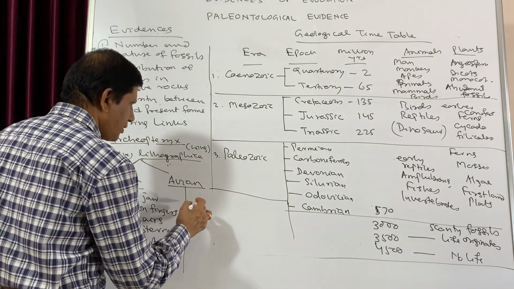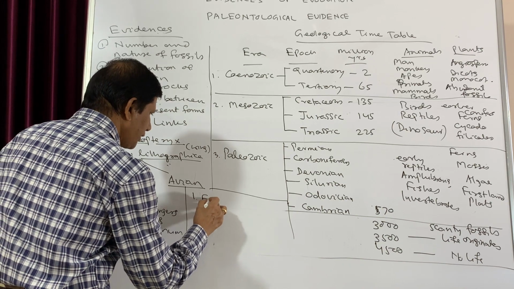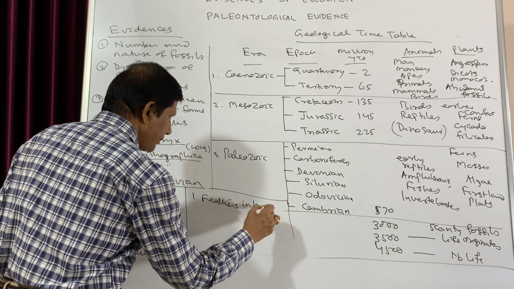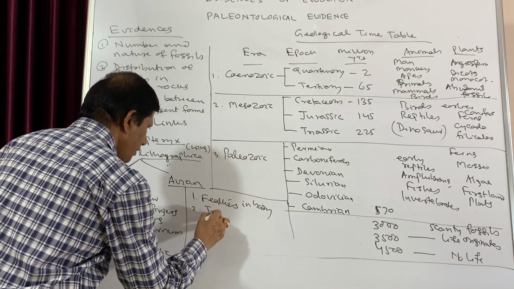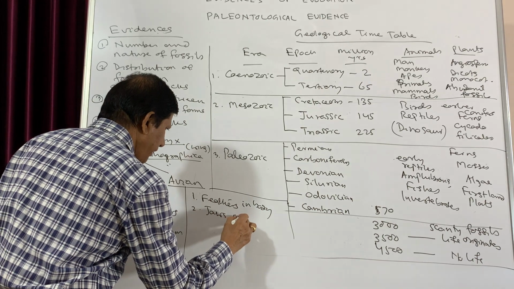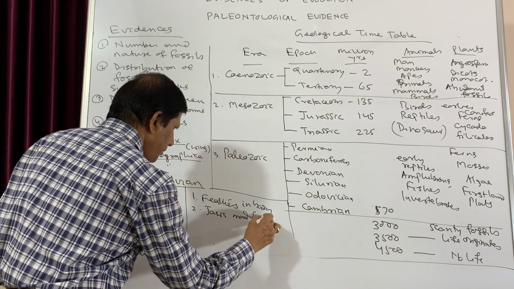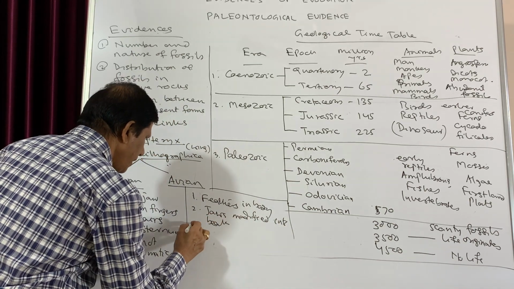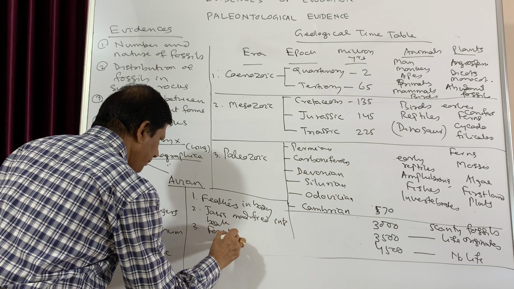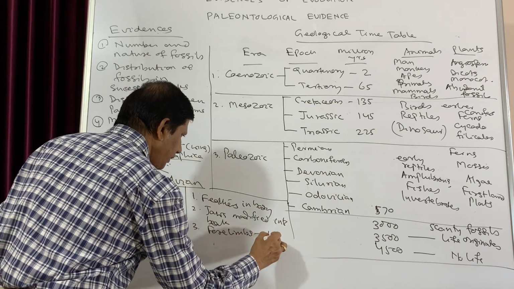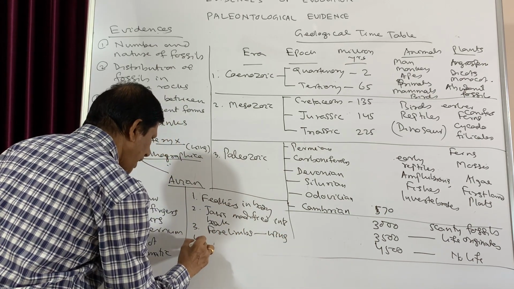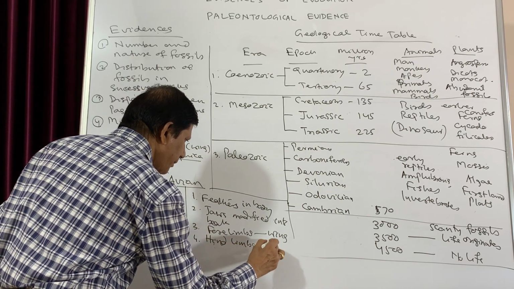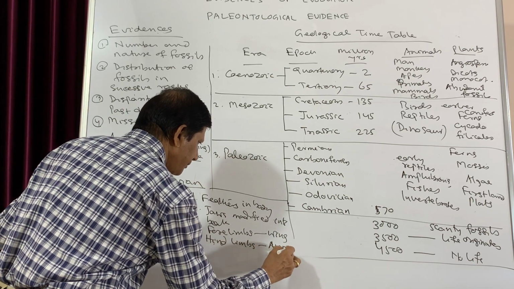The avian characters are feathers on the body, then jaws modified into a beak, then forelimbs converted to wings, and the hind limbs became avian in nature.